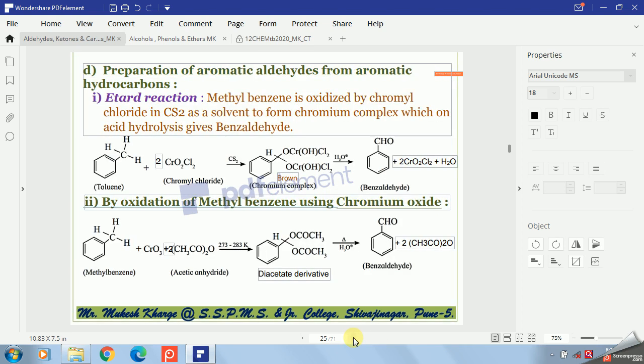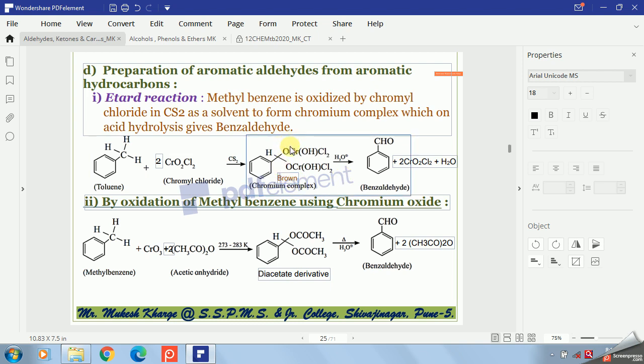Then next is the Etard reaction. Here we have to prepare aromatic aldehydes. So toluene reacts with chromyl chloride in presence of organic solvents such as carbon disulfide. It gives a chromium complex, which is brown in color. Simply replace these two hydrogen by the OCr-OHCl group, which is unstable, and it undergoes hydrolysis.